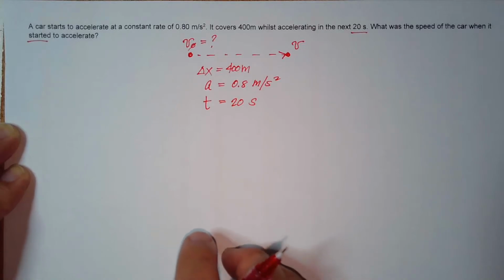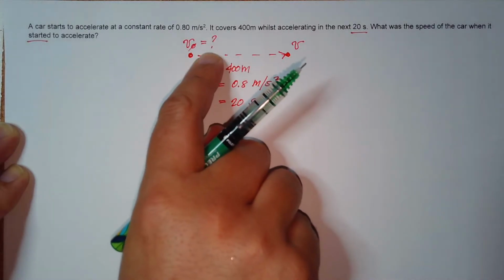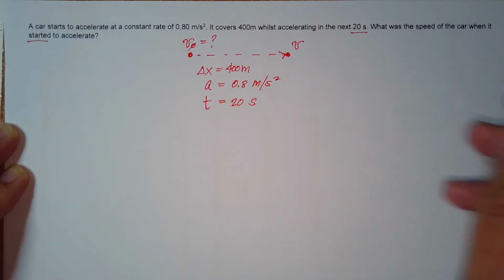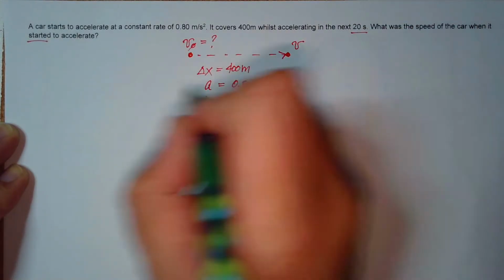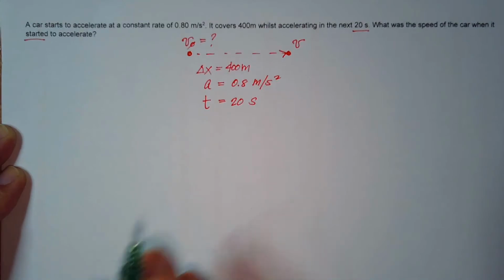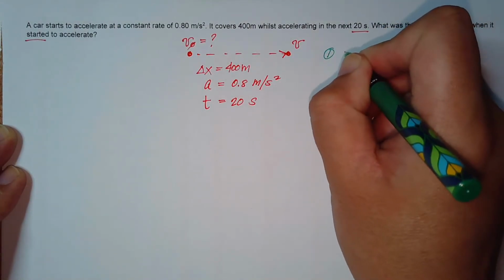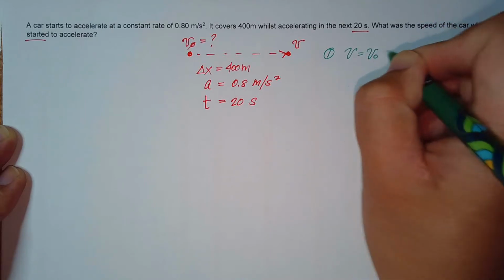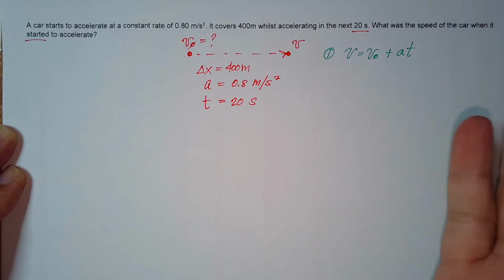By looking at the different equations we are provided with, we have to solve for v naught. The first equation from our list is v equals v naught plus acceleration times time. Maybe I can use that equation.